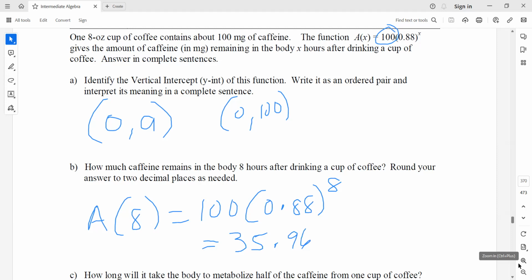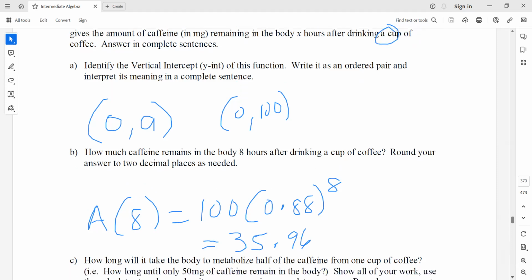So what are we going to say about this? We're going to say that after 8 hours of drinking a cup of coffee, about 35.96 mg of caffeine remains in your body. 35.96. What about C?